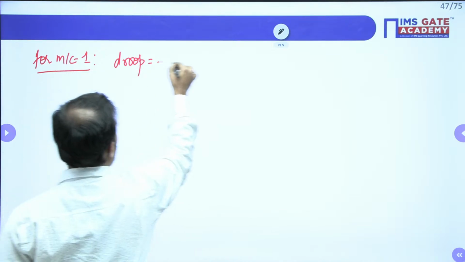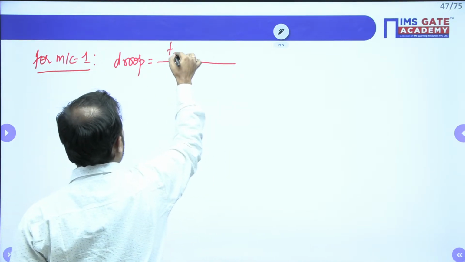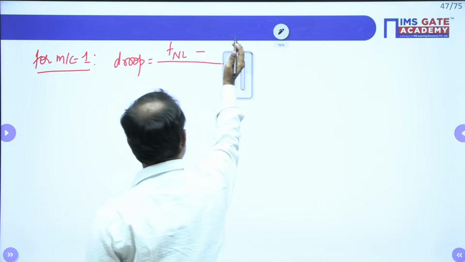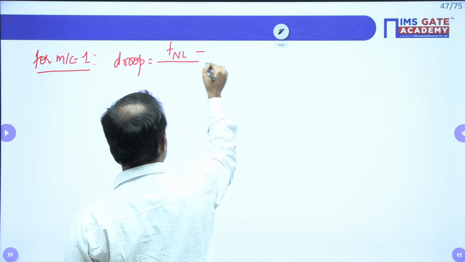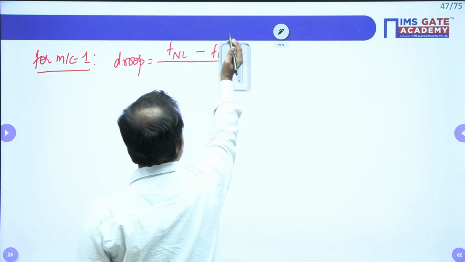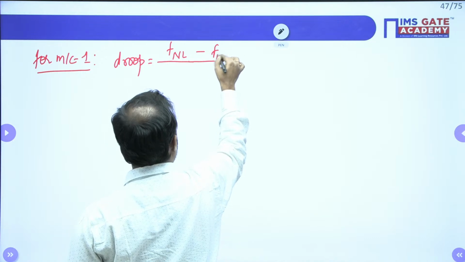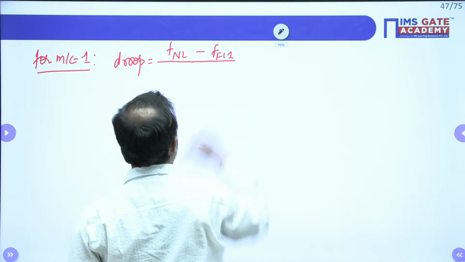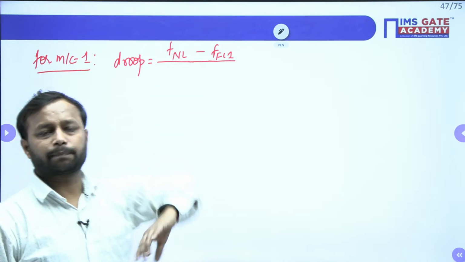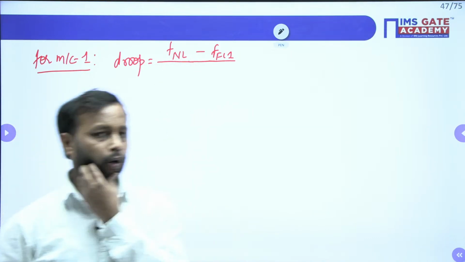So for machine 1, droop is equal to what basically? Droop is equal to no load frequency minus full load frequency divided by... Now, the denominator can be taken with respect to no load or with respect to full load.